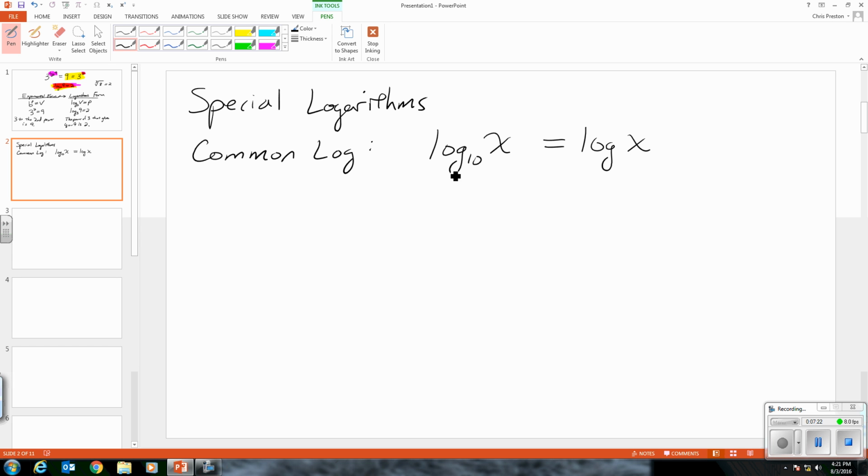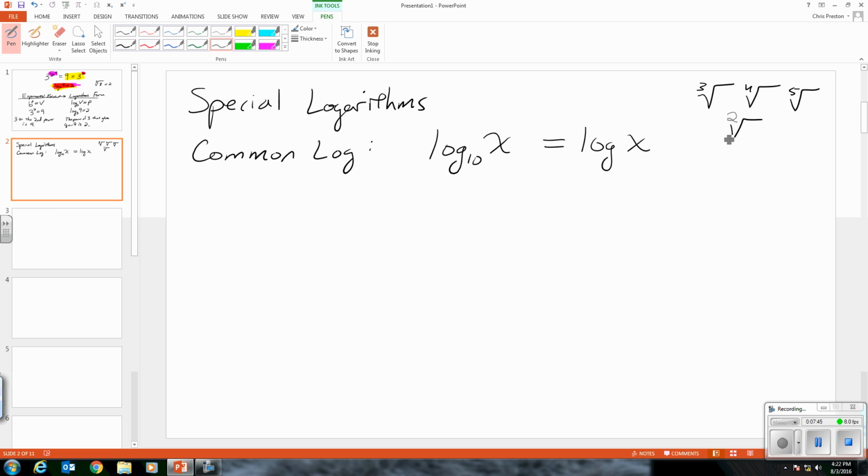And sometimes, some books or some problems will write the 10, and sometimes they won't. This is, again, comparing this to ideas of roots. We have things like cube roots and fourth roots and fifth roots. But if I just write a root symbol, I don't give you a number, you're supposed to assume there's a little 2 up here that I'm not writing. It's a square root.